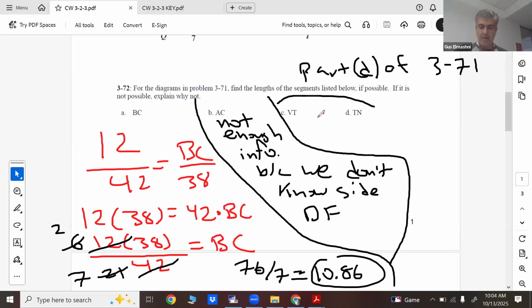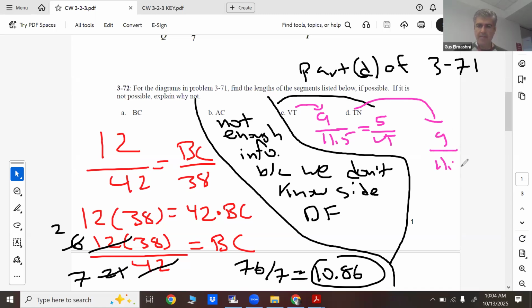You're going to say 9 over 11.5 equals 5 over VT. And 9 over 11.5 will also equal 11 over 11 plus NT.